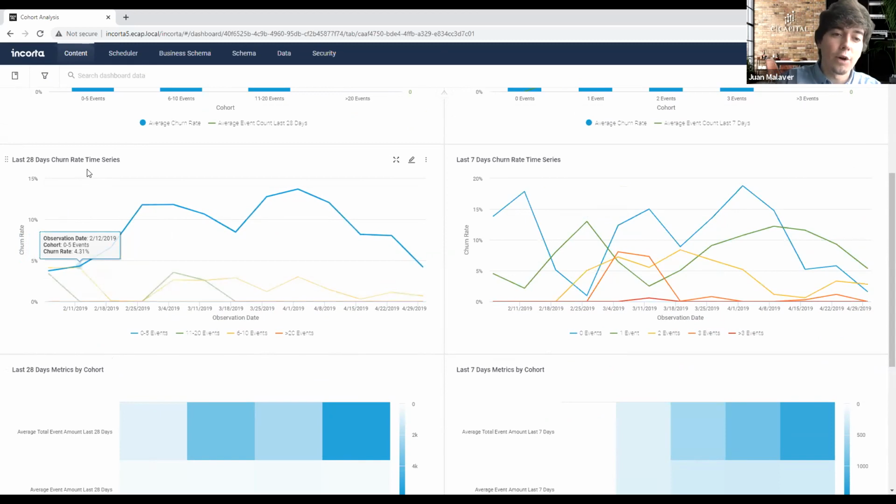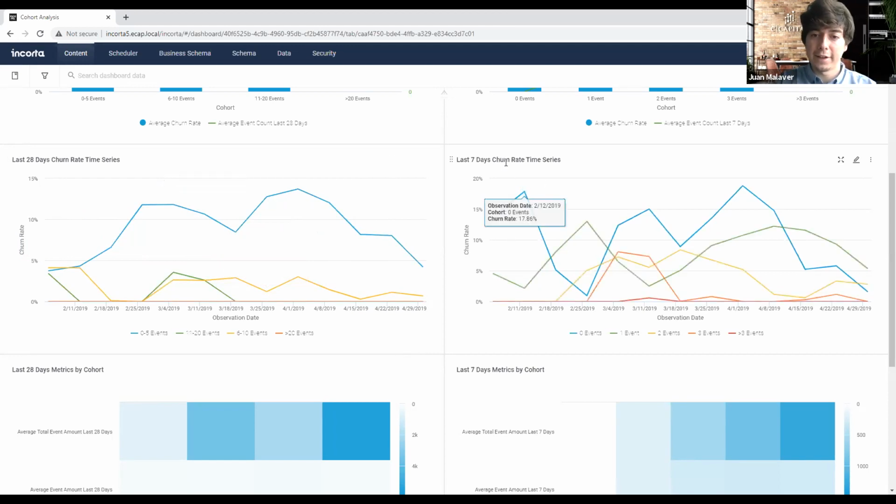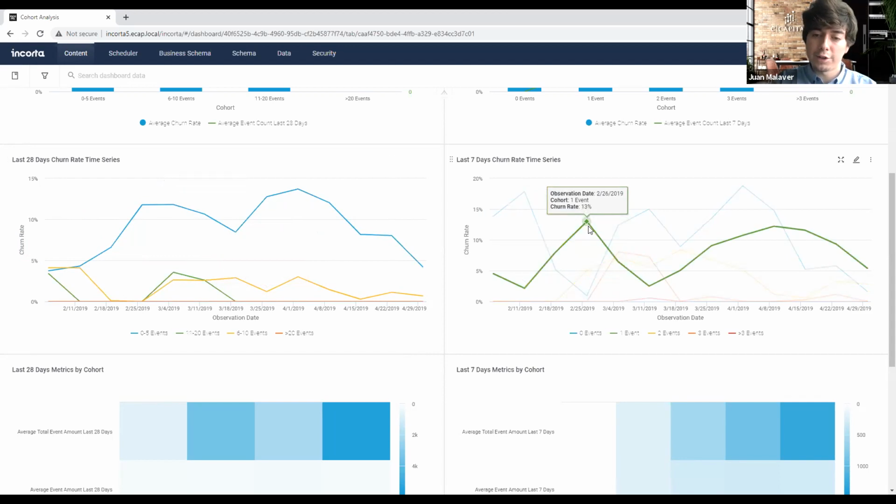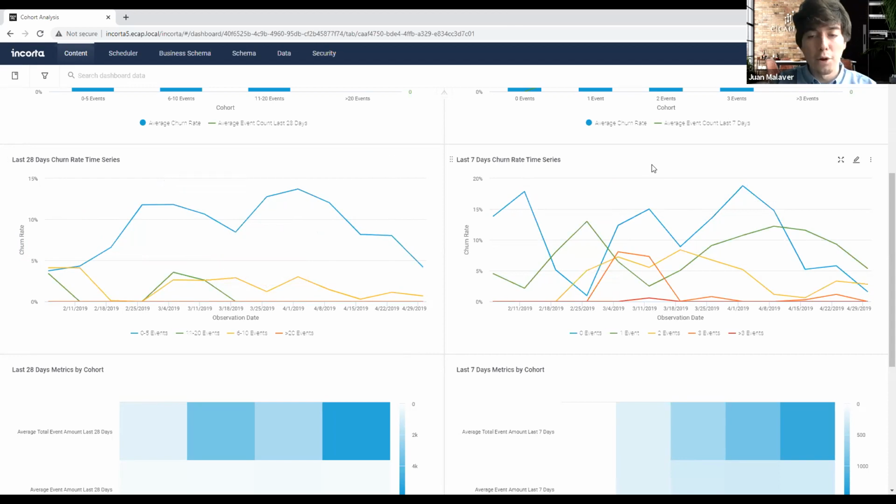The cohort with the fewest number of events, which is this blue line, tends to have the highest churn rate, not only in the entire period, but also at many different points in time throughout the period. The same thing somewhat occurs in the last 7 days, although there are some dates where cohorts that have a higher number of events have a higher churn rate. But in general, we see that the blue line tends to be on top most of the time.